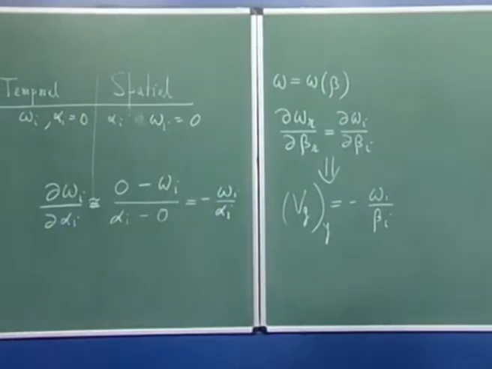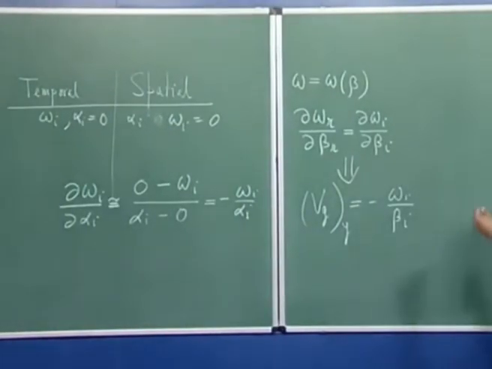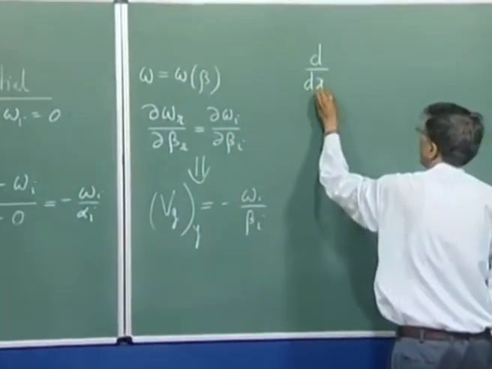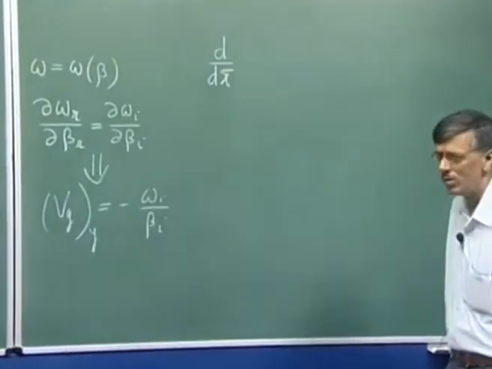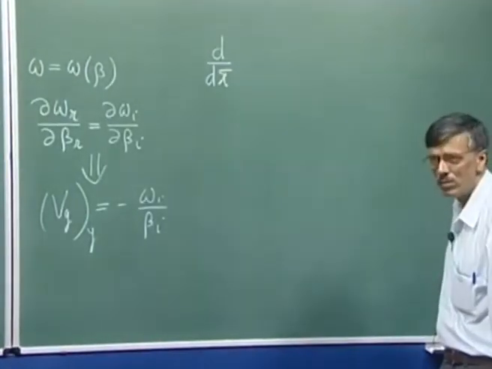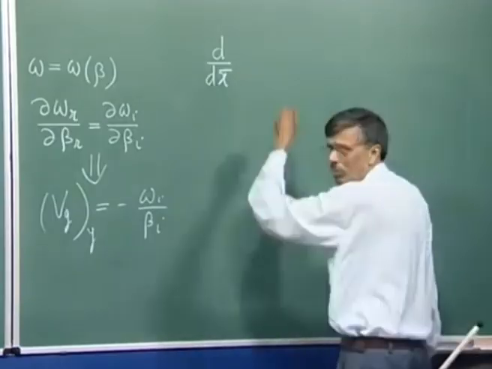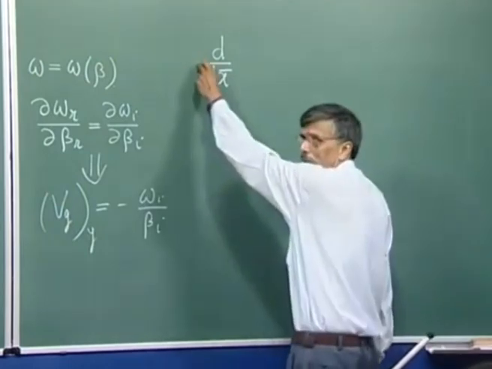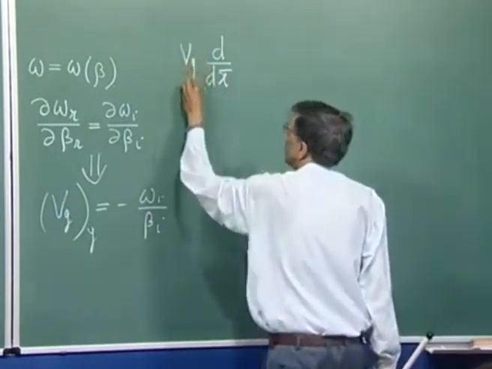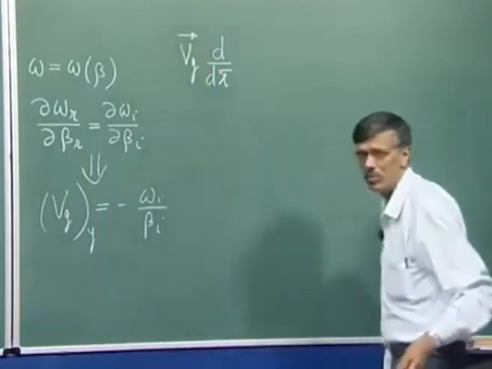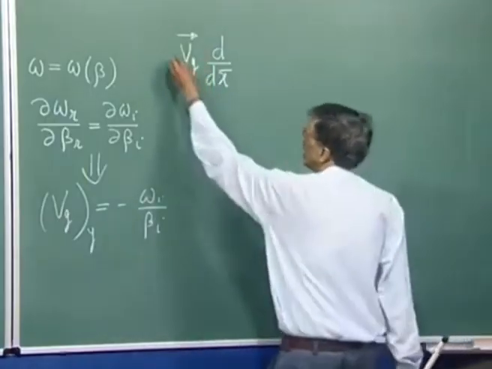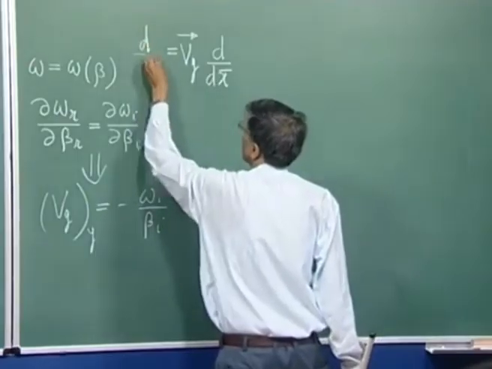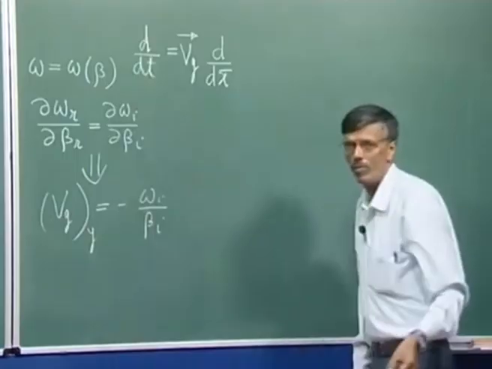So, the growth rate in the spatial theory gives you this, and now what should we do? Dimensionally, if I multiply it by the group velocity, that should give me the temporal rate, right.